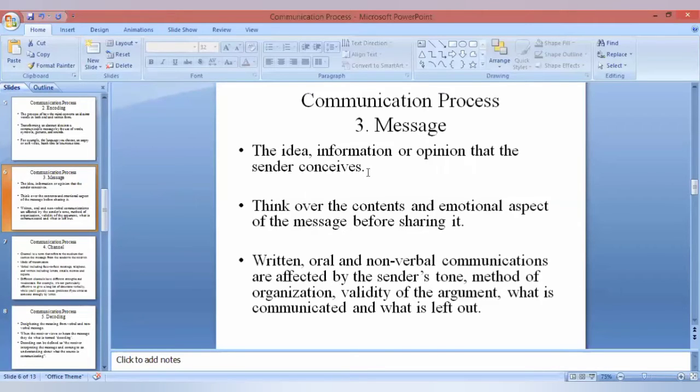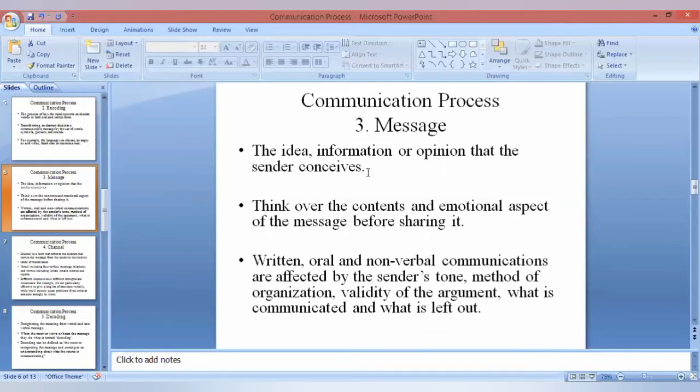And the third component of the communication process is the message. It is the idea, the information, or opinion that the sender conceives. The sender has an idea in the form of information or an opinion, and he or she understands that idea.